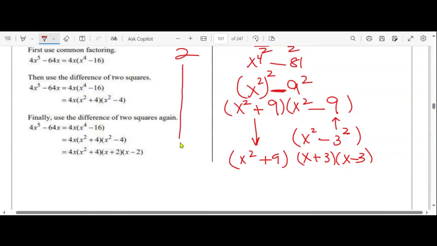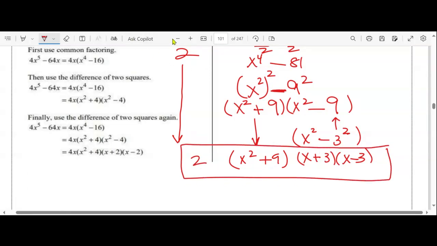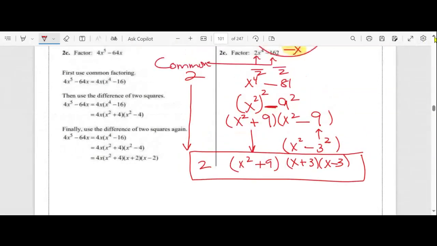And don't forget the 2. So that's your final answer. Clear?